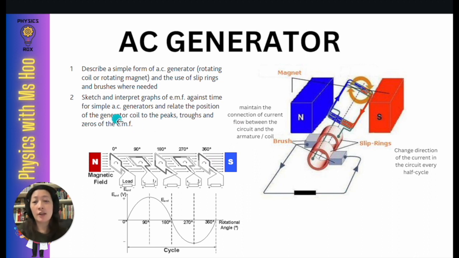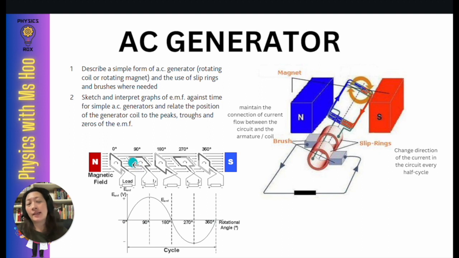In addition, you need to be able to sketch and interpret graphs of EMF against time for simple AC generators, and relate the position of the generator coil to the peaks, troughs and zeros of the EMF. So remember that when the coil is at a vertical position like this, the value of the EMF or current within the circuit would be 0.